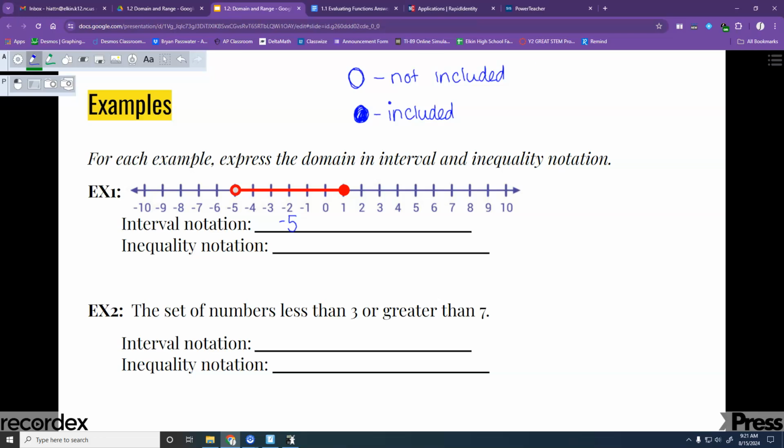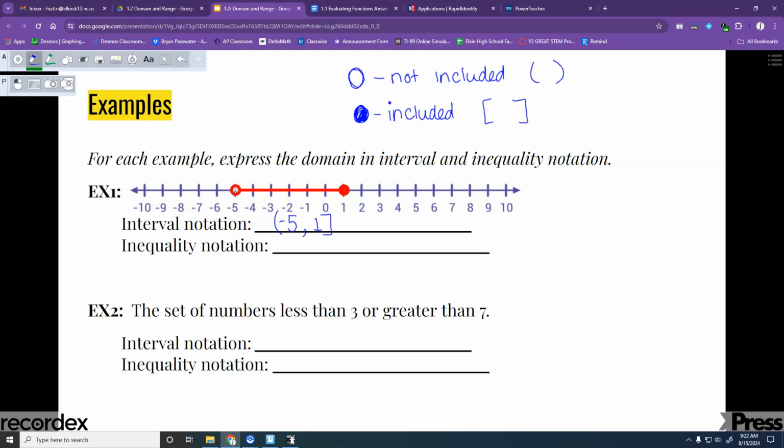It's the parentheses. Parentheses is for not included. So we'll use the parentheses there with the -5. And then we're going to put a comma, and then we want to go all the way up to +1. Should I use a parentheses or a bracket for that one? It's going to be a bracket, right? Because it is included. Whenever we include it, we use a bracket.